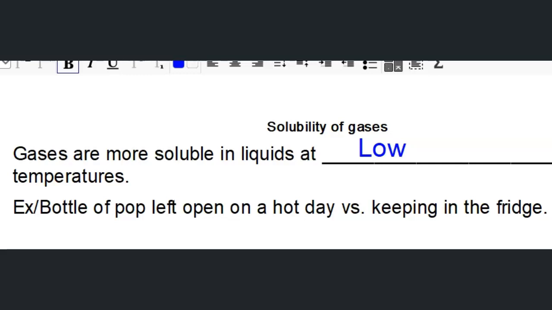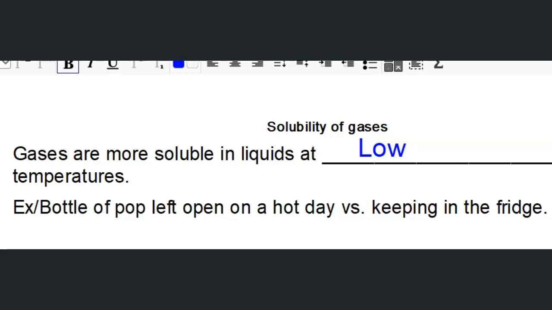So if you open a can of soda and you put it in the fridge versus leaving it outside on a hot day, the can of soda in the fridge is going to stay more carbonated than the can of soda that's left outside. The reason is because in soda, carbon dioxide is a gas that's dissolved in it, and that's what carbonates your soda that you drink.